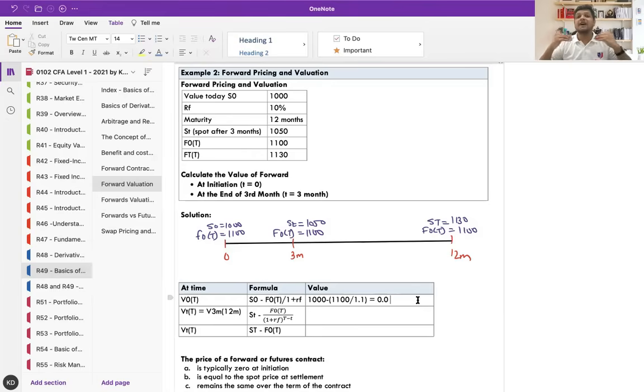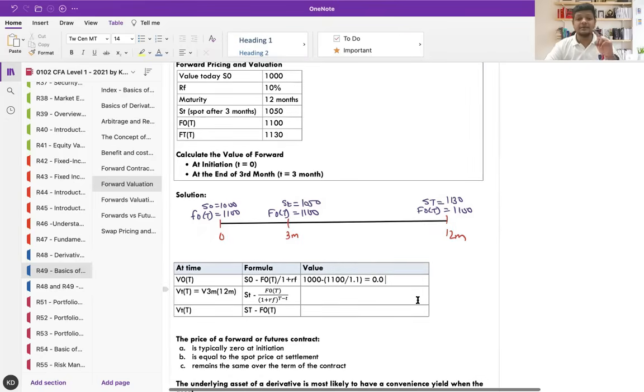So what happens after 3 months? After 3 months, what is the spot price in the market? 1050. And the future price that you have booked is how much? 1100. But you are going to pay that 1100 after 3 months from now, which I can say is 9 months early.